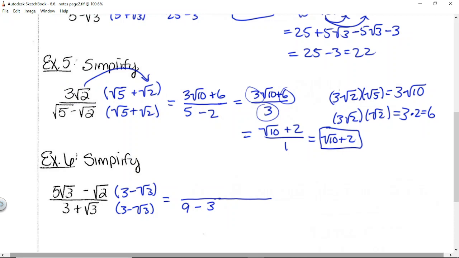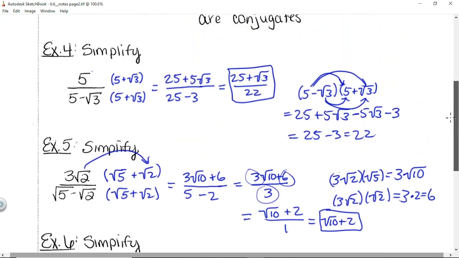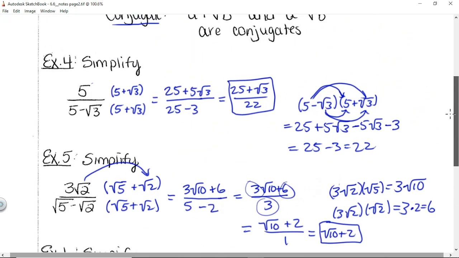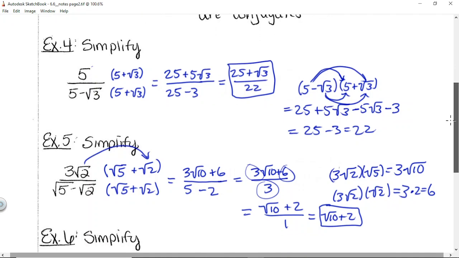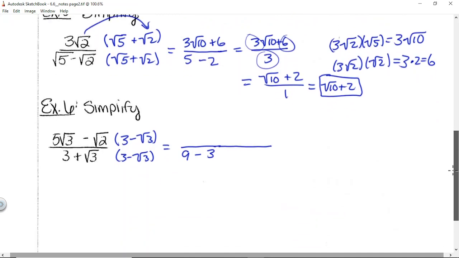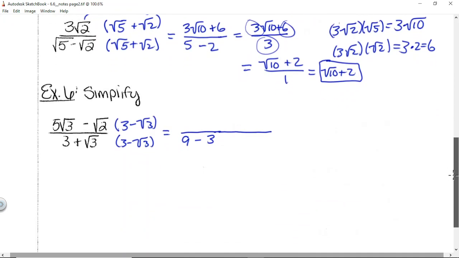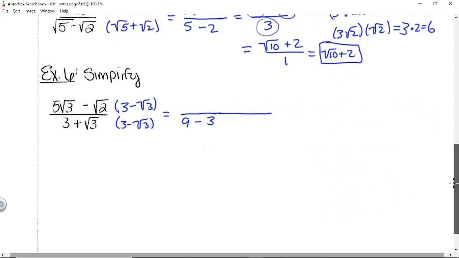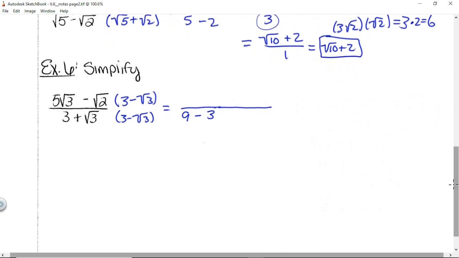The one before that, the numerator of the original fraction was just 5. So they were simpler, but this time we have a difference of 2 radical expressions. We have the 5 times the square root of 3 minus the square root of 2. We have to multiply that out.